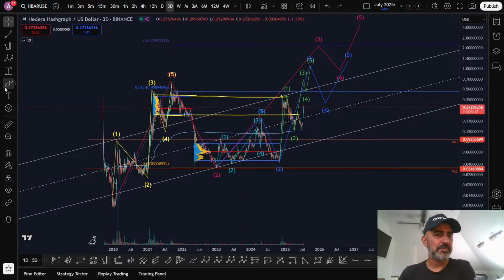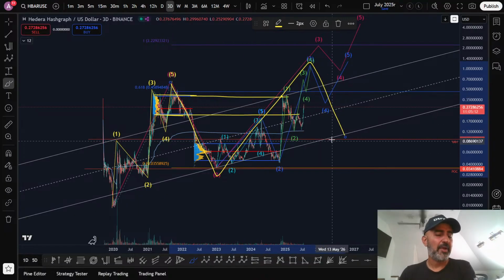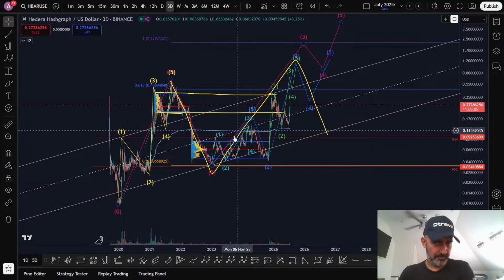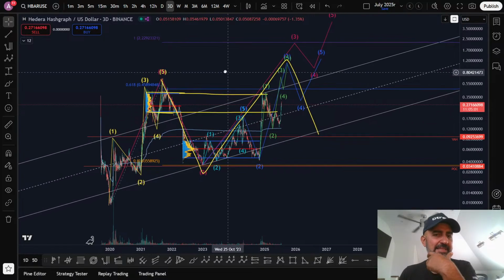It's always possible for this whole thing to be an A, B, C type correction, like a big mega correction, just because HBAR moved so much in the first instance.